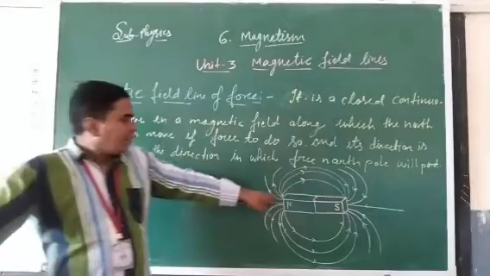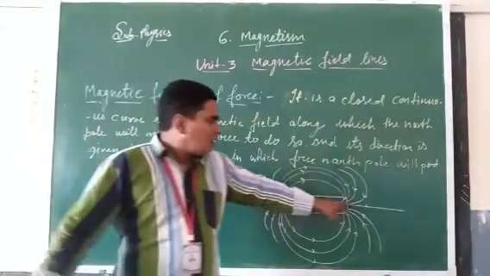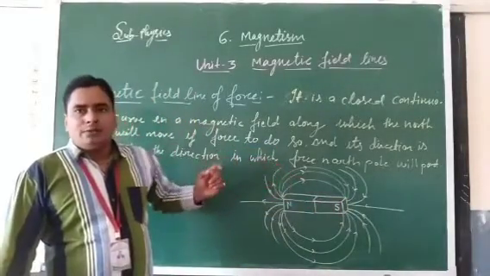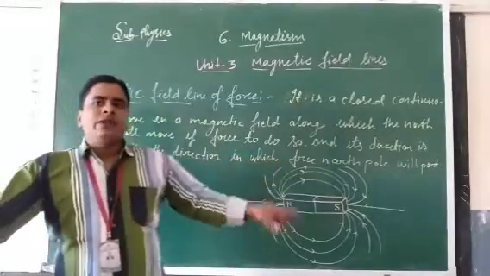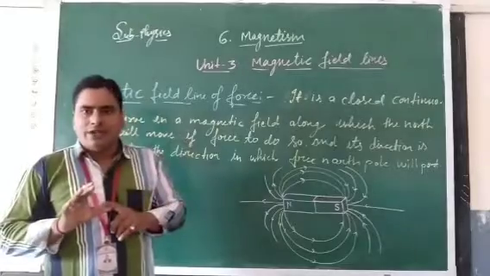Clear? So if we bring a magnet or a magnetic substance near the north pole or south pole, it will be attracted by the poles. Clear? So the region in which it is influenced by the magnet is called the magnetic field.